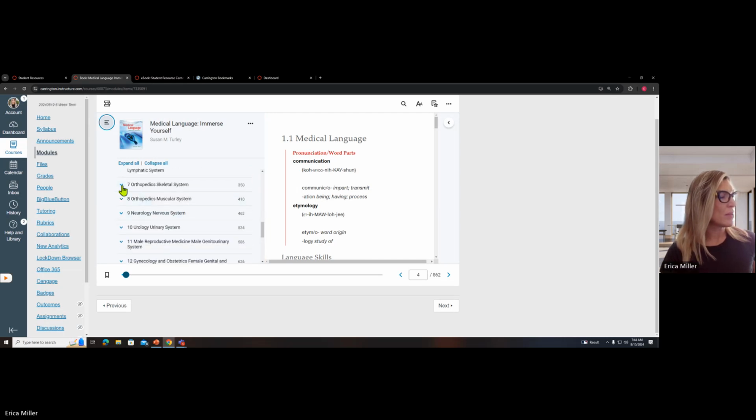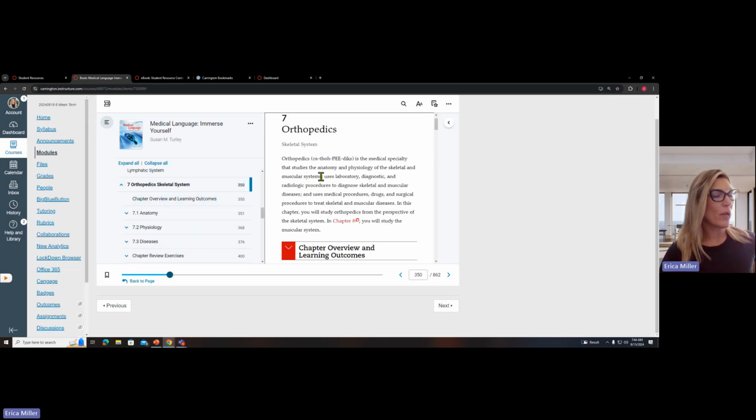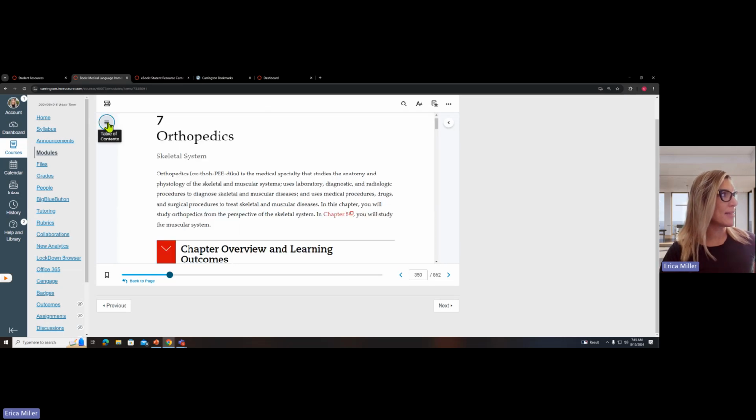And then Chapter 7 and Chapter 8. Once you've got your chapter opened, you can deselect table of contents so it full screens your chapter readings.